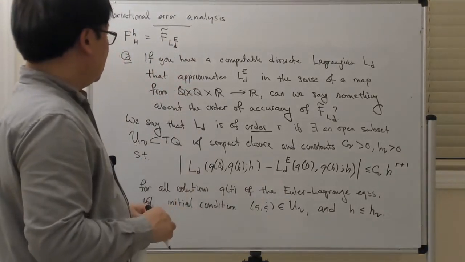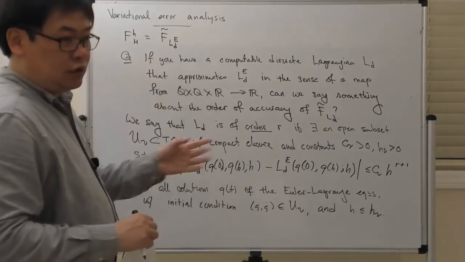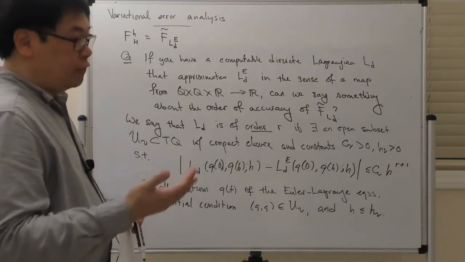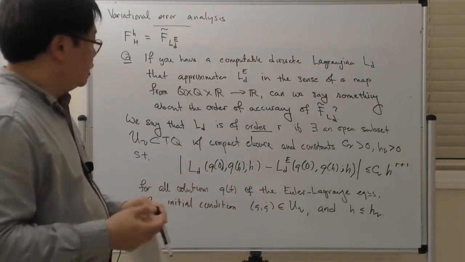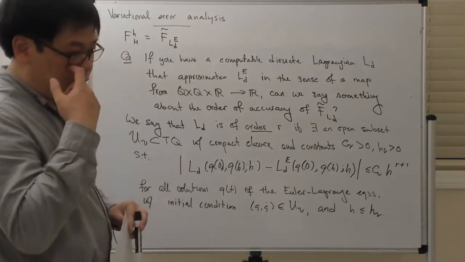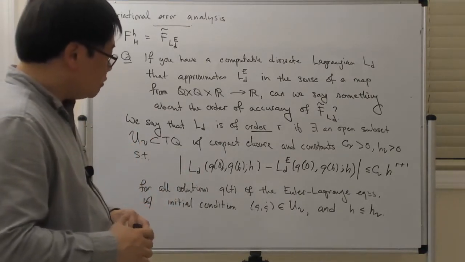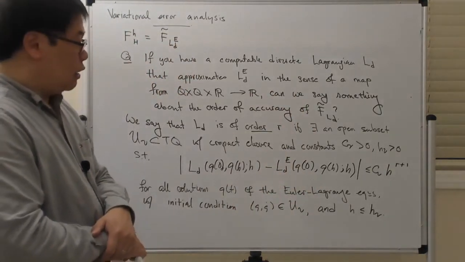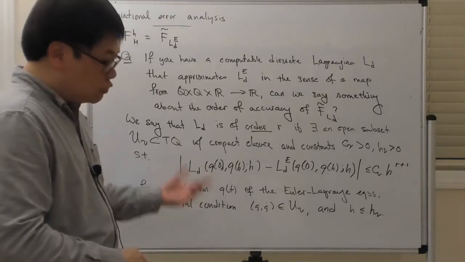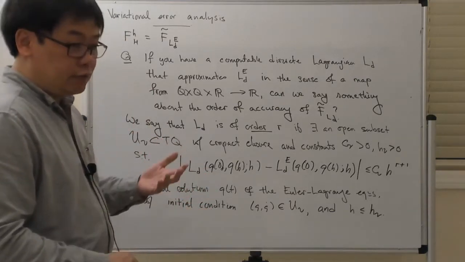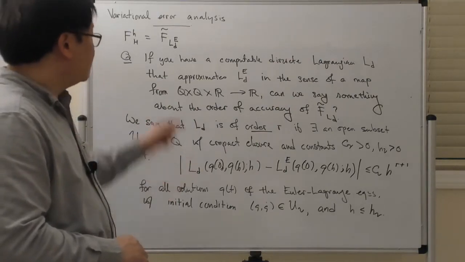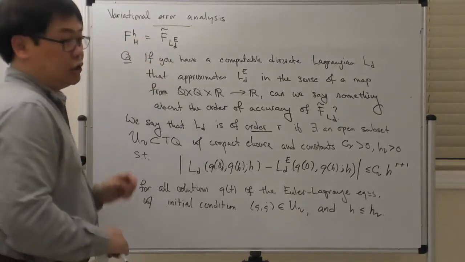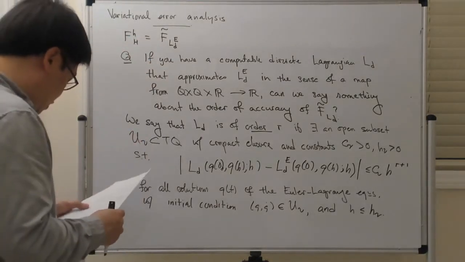Since the discrete Lagrangian and discrete Hamiltonian maps are obtained by taking compositions of the discrete Legendre transforms and their inverses, then by some sort of inverse function theorem type argument, this condition implies something about the order of the discrete Legendre transforms, and together with the implicit function theorem, that implies something about the approximation power of the discrete Lagrangian or Hamiltonian maps. So that's more or less where the argument is going.